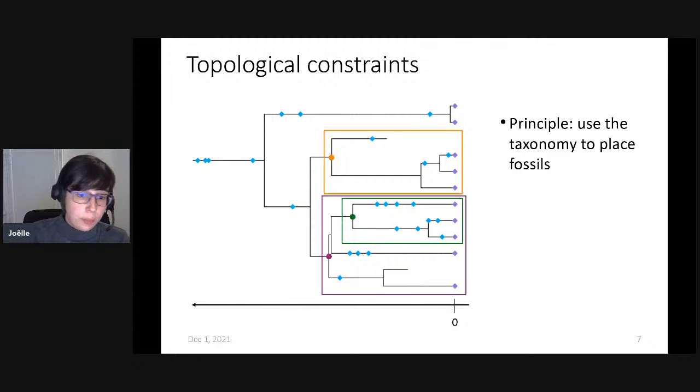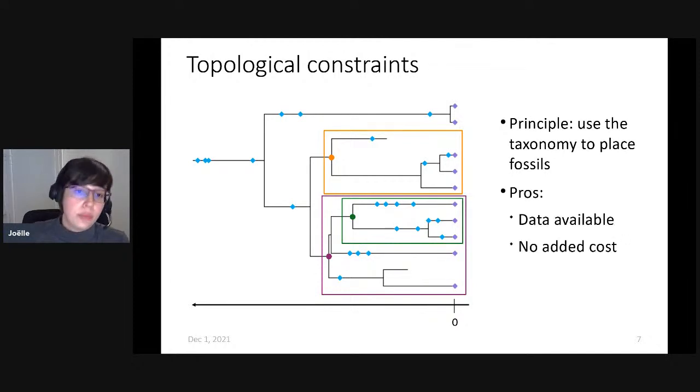And you can repeat that process throughout the tree and even have nested constraints. So here we have the green genus that's nested within the purple subfamily, and so on and so forth. And if you add enough of these constraints on the tree, obviously you're going to limit very strongly the space of possible topologies, and you're going to be able to resolve your fossil placement pretty well.